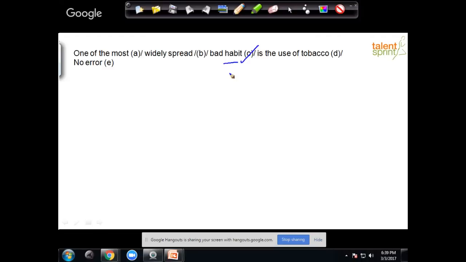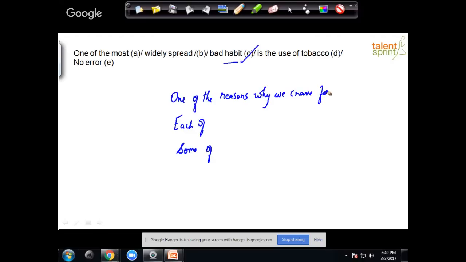So what's your rule? The rule is pretty simple. When you have phrases starting with one of the, each of the, some of the, it's always followed by a plural noun number. One among many habits, right? Let's look at some example sentence. One of the reasons why we crave for love is that love is the only cure for loneliness.